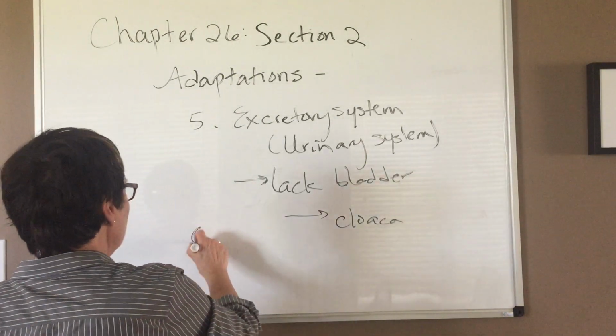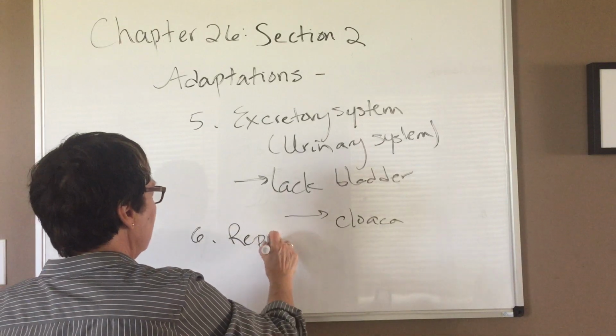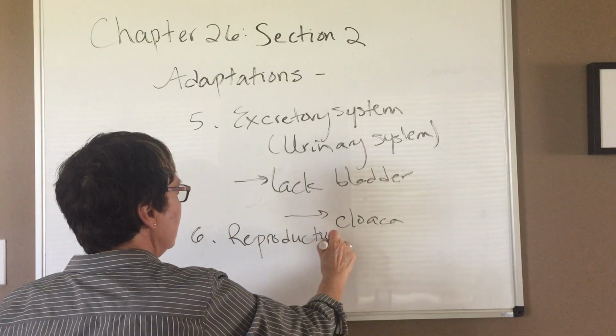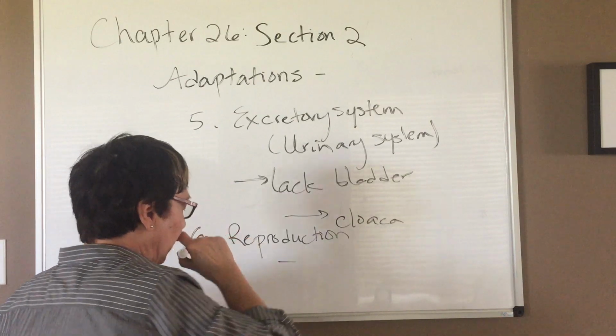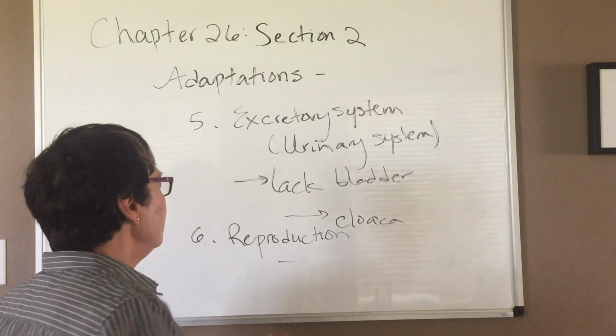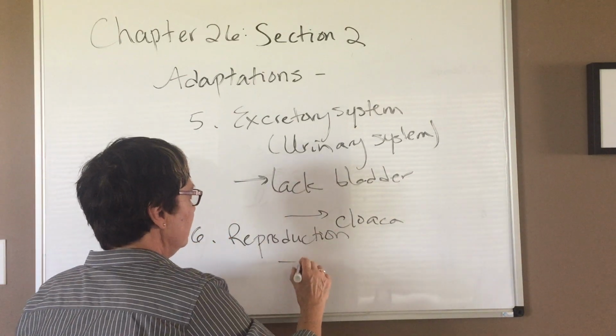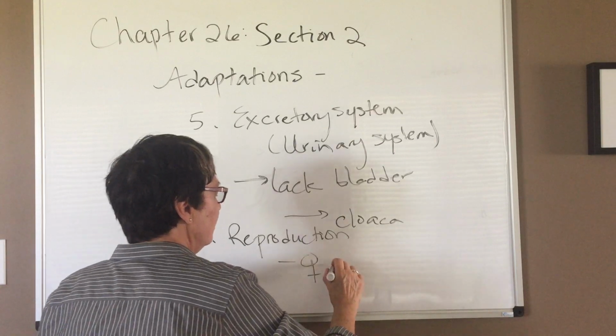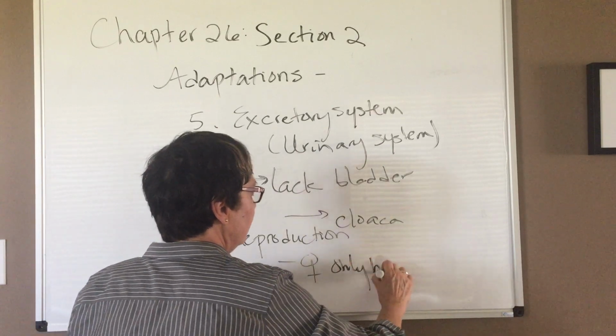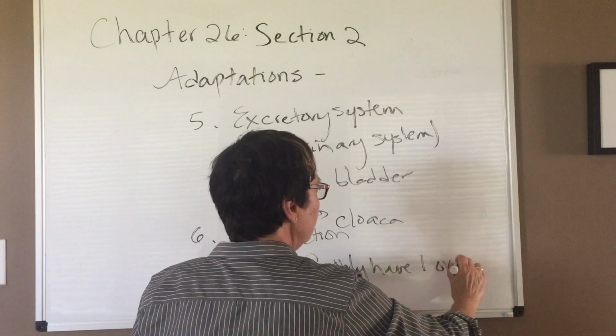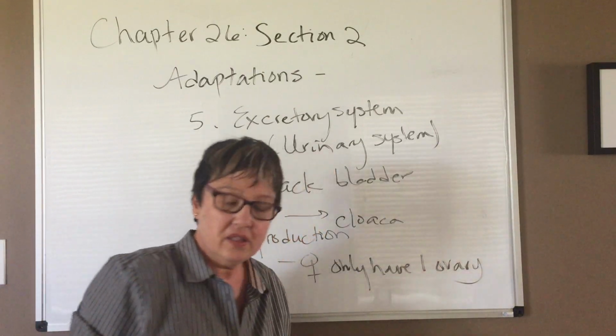If we look at reproduction, if we're trying to reduce the total weight of the organism, females only have 1 ovary rather than 2.